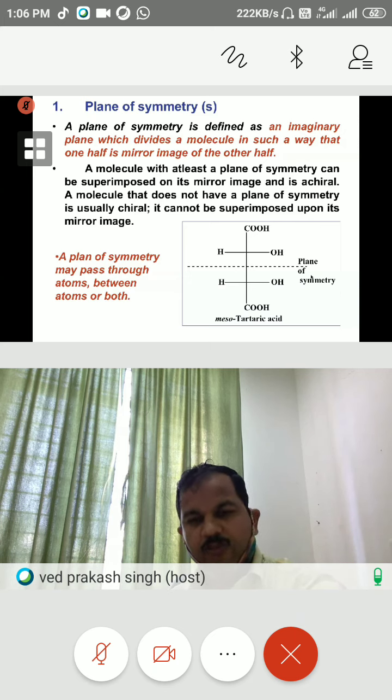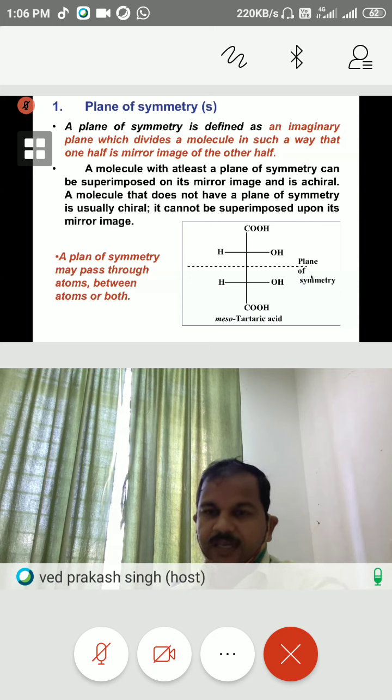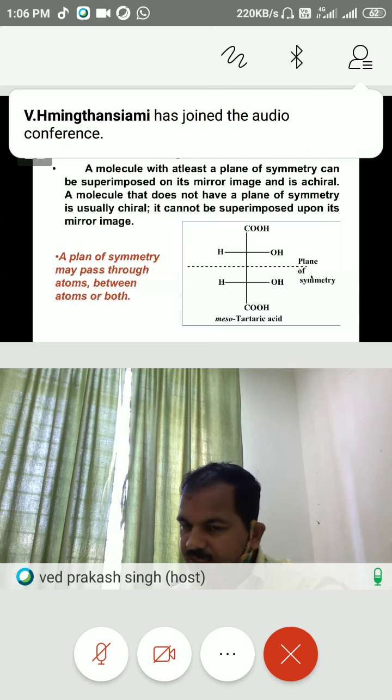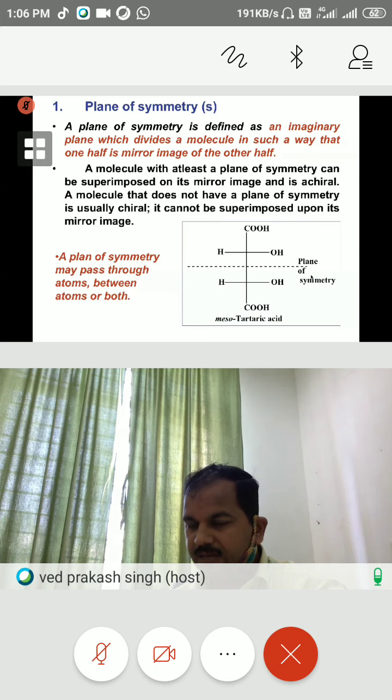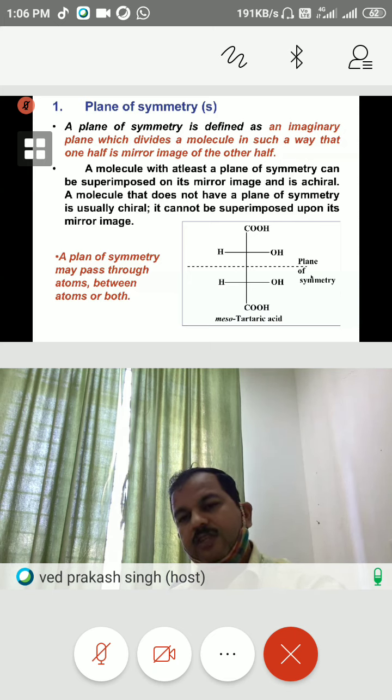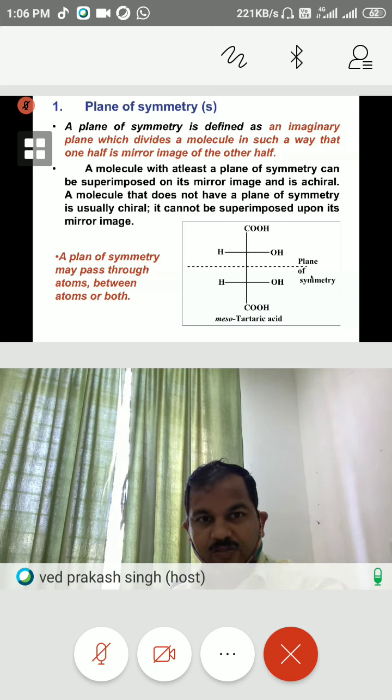Then the molecule will be optically inactive. If the parts are mirror images of each other, if one part is R configuration, the other will be S. So they will cancel their optical activity by internal cancellation.